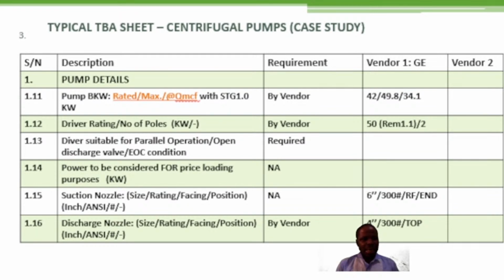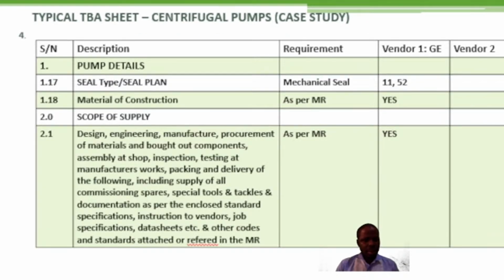Now, the next thing that you have to consider will be the seal type. The seal type, is it going to use mechanical seal? Is it going to use packing?